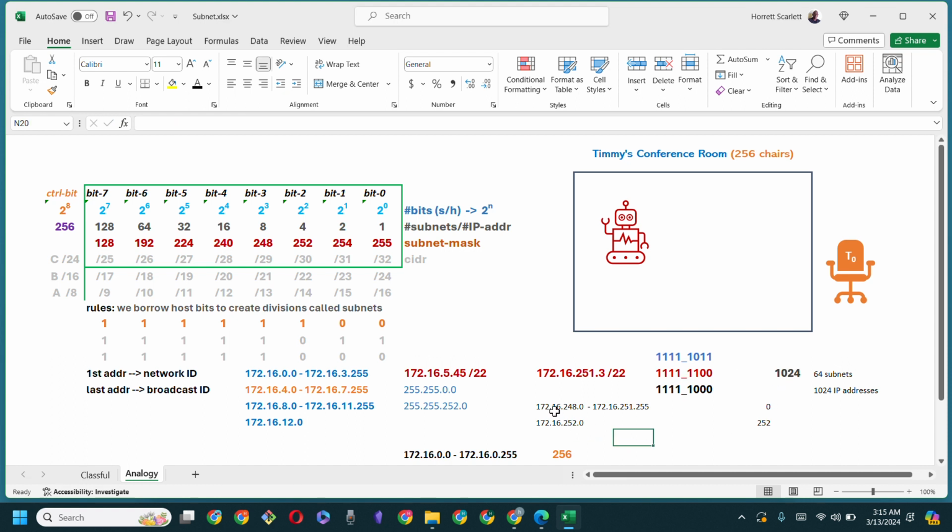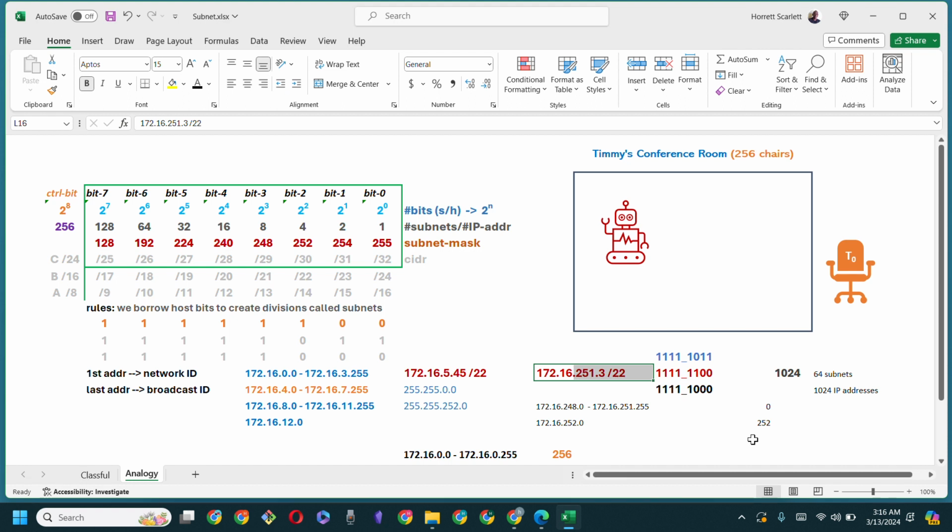So therefore, we know that the IP address range, or the subnet range, is going to range from 172.16.248.0 to 172.16.251.255. And it is in that subnet that we would find the 172.16.251.3 IP address.